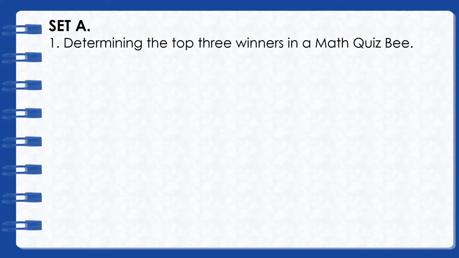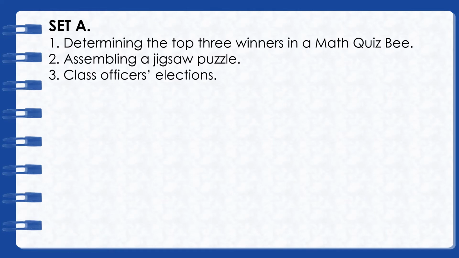I have here set A, so we will choose if the given examples in set A are for permutation or combination. Number 1, determining the top 3 winners in a math quiz bee. Number 2, assembling a jigsaw puzzle. Number 3, class officers' elections.